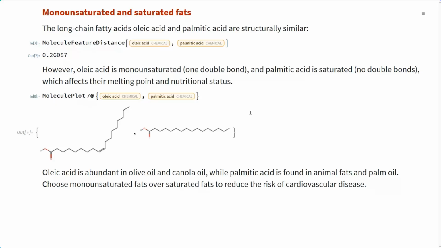Oleic acid is monounsaturated, right? If you look on the left, that's one double bond. And palmitic acid on the right is saturated, and we know that's because there are no double bonds. So this difference, one double bond versus no double bonds, affects both the melting point and the nutritional status of those fats in our diet.